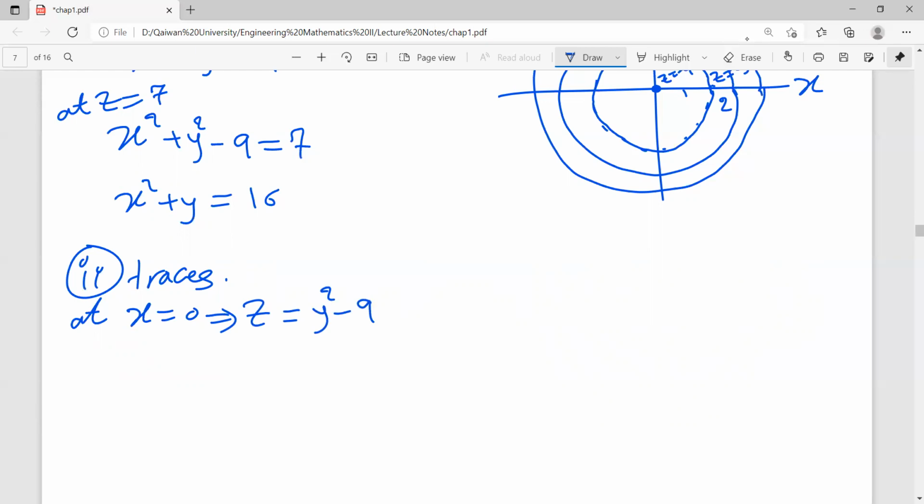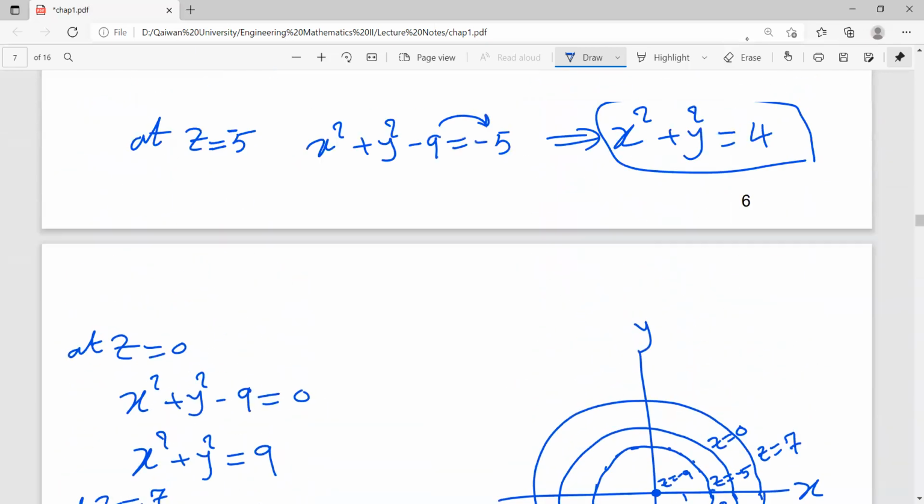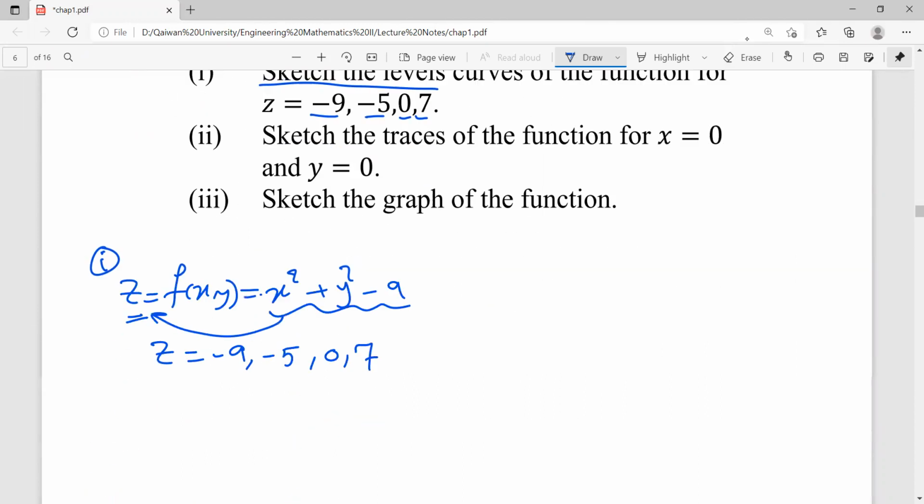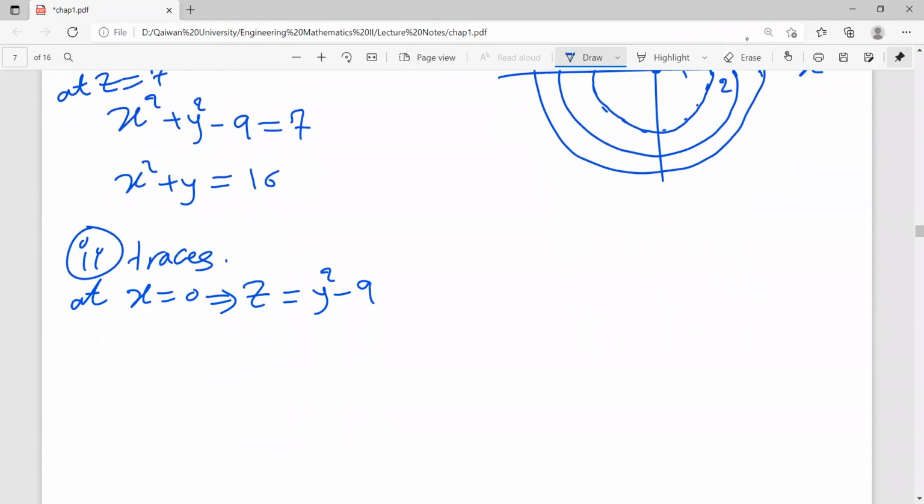If you replace x to be 0 in this function, we get only y squared minus 9. Now we draw the graph of this function. It's a parabola.